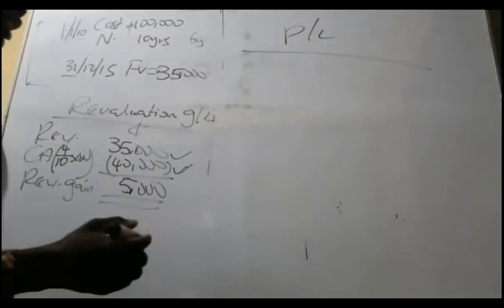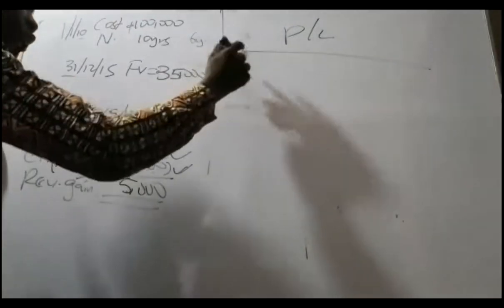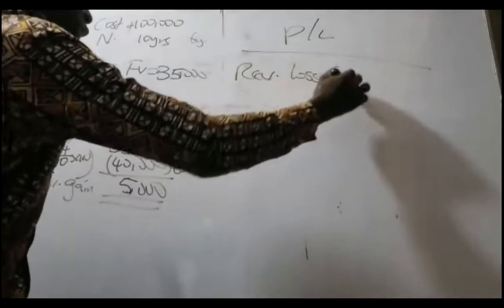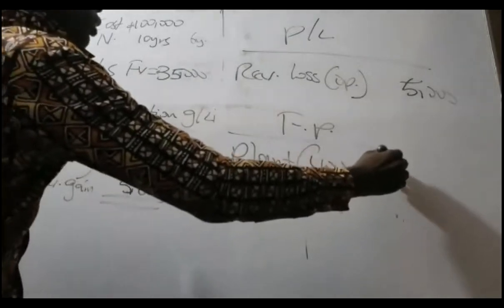We'll tell the examiner: revaluation loss, in brackets, under operating expenses, and the loss is 5,000. In the financial position extract, that's the PPE schedule, you take the loss from the carrying amount of the asset. So the name of the asset is plant, the carrying amount is 40,000 less 5,000 to give 35,000.